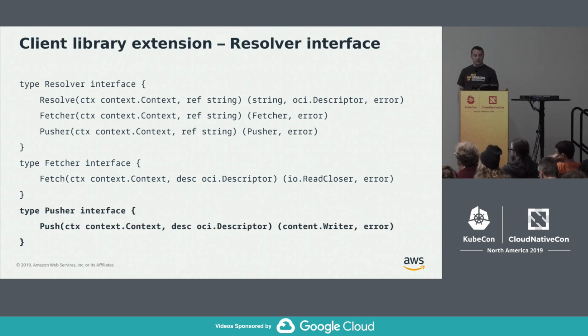If you wanted your custom implementation to be able to push images, you also need to implement the pusher. And this looks a lot like the fetcher. The main difference is that it returns a writer where you write content instead of a reader where you're reading content. You also don't always have to return the same writer object. In the ECR implementation, for example, we return different writers for different kinds of content, so we have a separate writer for manifests as opposed to the layer contents.